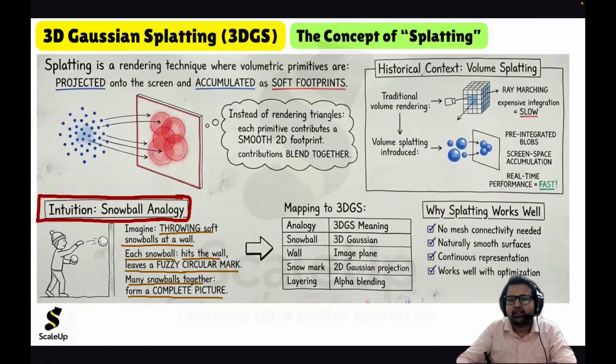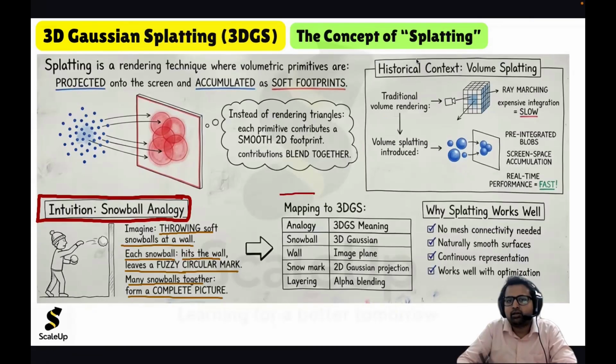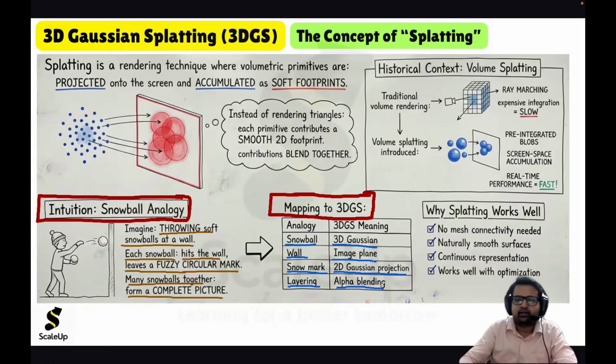If we map this analogy to 3D Gaussian splatting, because something similar is happening there: the snowball is the 3D Gaussian, the wall is the image plane, the snow mark is the 2D Gaussian projection, and the layering is the alpha blending.